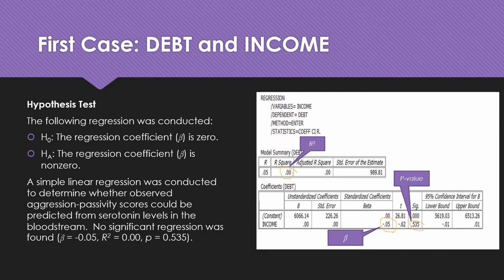Also, we have to notice the CI, which is between minus 1 and 1, meaning 0 is within it. So we have to accept the null hypothesis, saying that we have no significant regression.